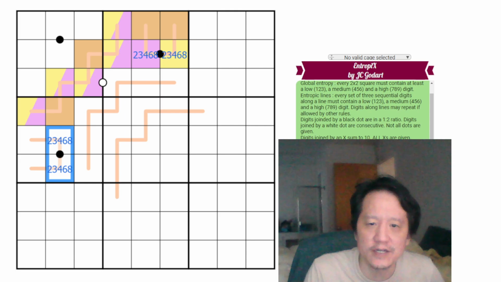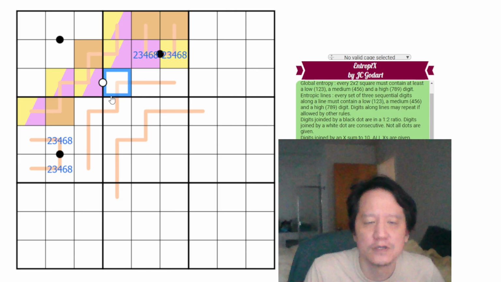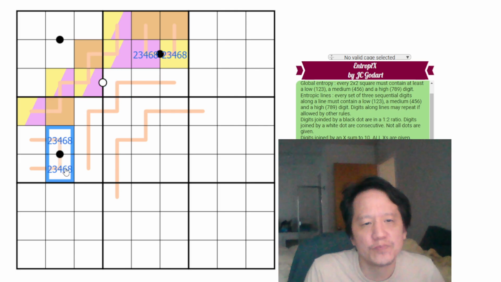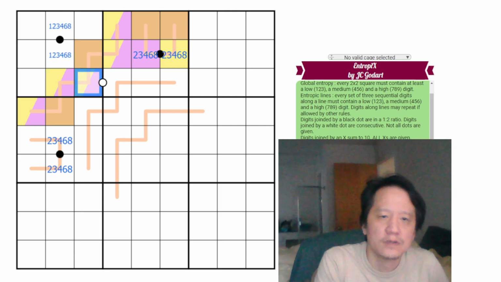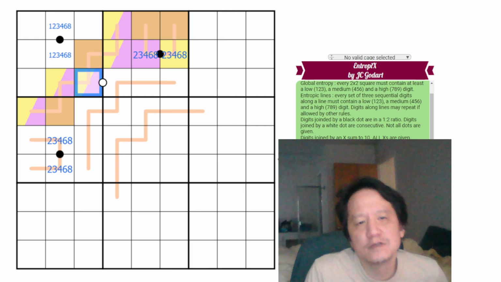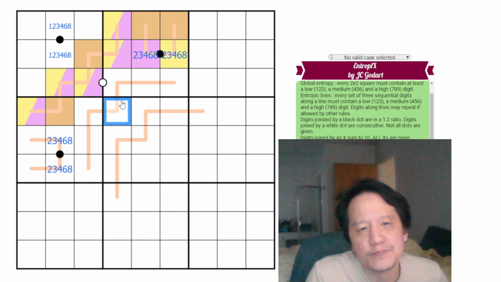So the orange has to be one of those two. We don't know which. This is also 1, 2, 3, 4, 6, 8. This is consecutive. So there's an orange here, there's an orange here.